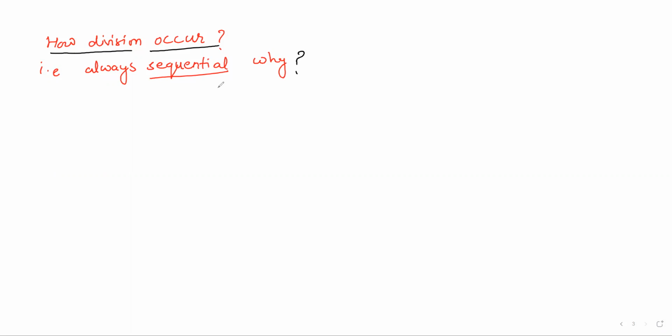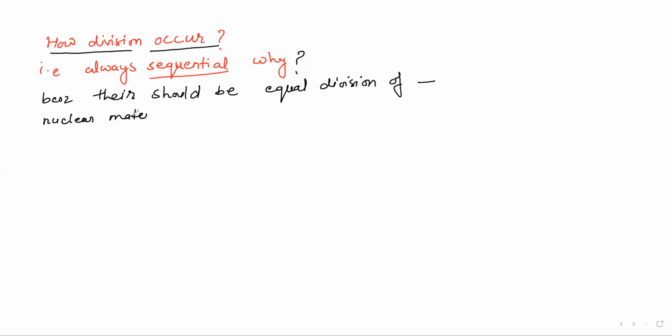Why sequentially? Because in cell division, there should be equal division of nuclear material, that is DNA or RNA. Yes, that is very important.